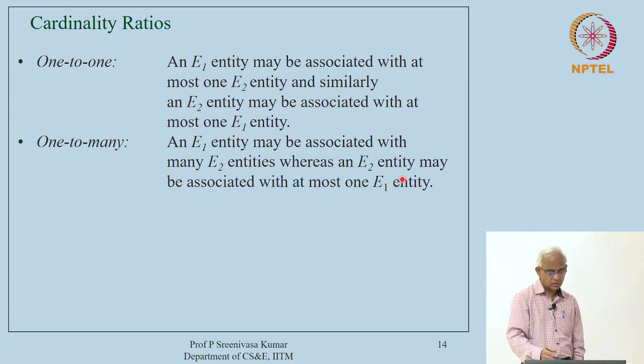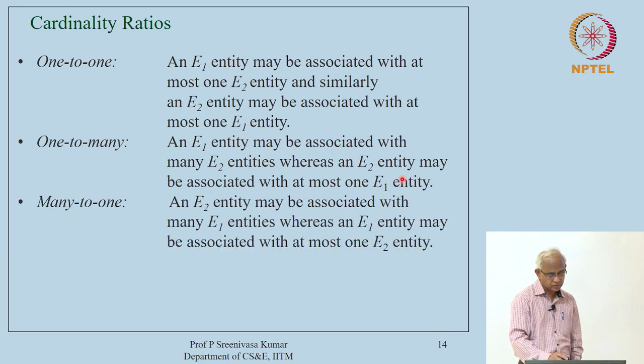The inverse of this situation is many to 1. That means an E2 entity may be associated with many E1 entities, whereas an E1 entity may be associated with at most one E2 entity.